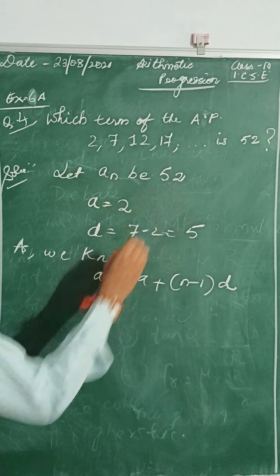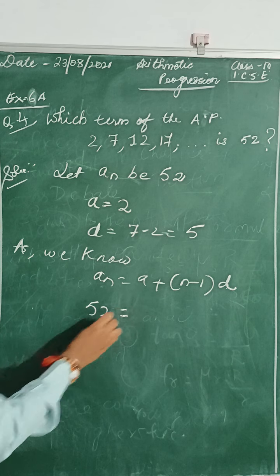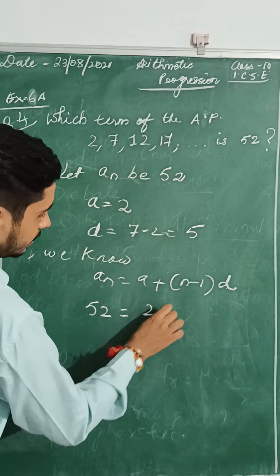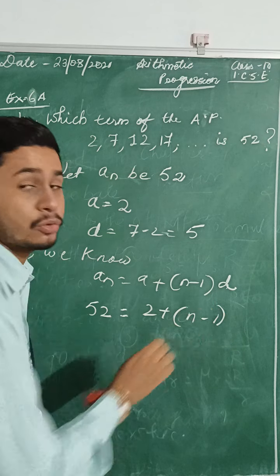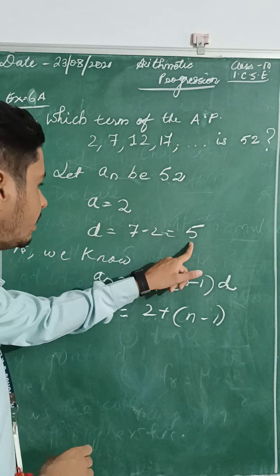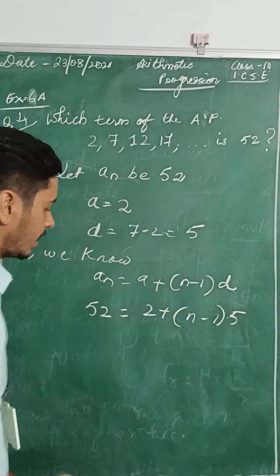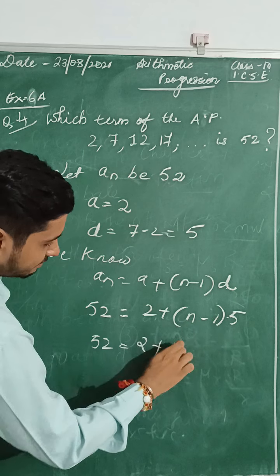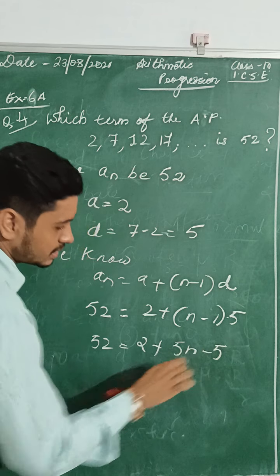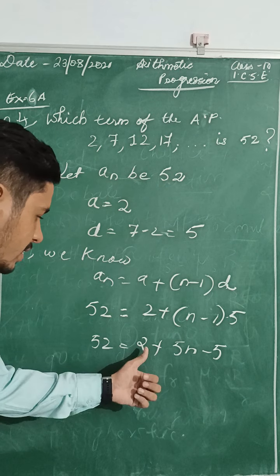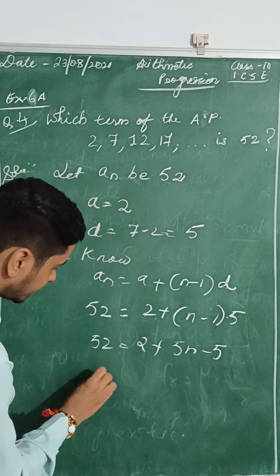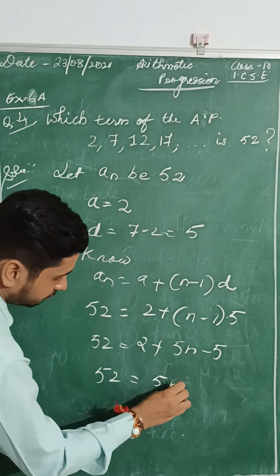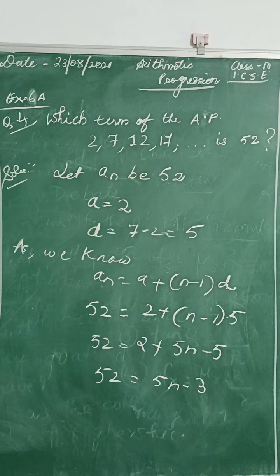So in place of an we can put 52. So 52 is equal to 2 plus n minus 1 into 5. We don't know n. Multiply 5 inside, so it will be 5n minus 5. What is 2 minus 5? Minus 3. So 5n minus 3.